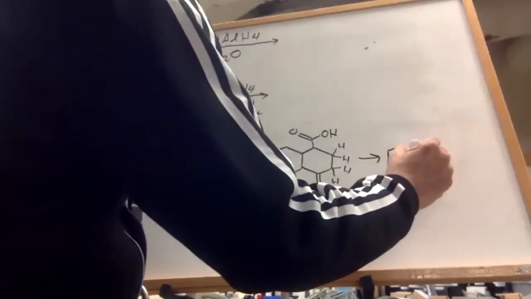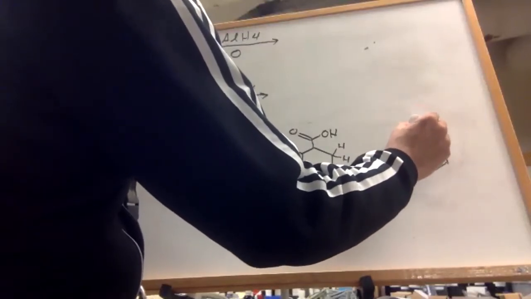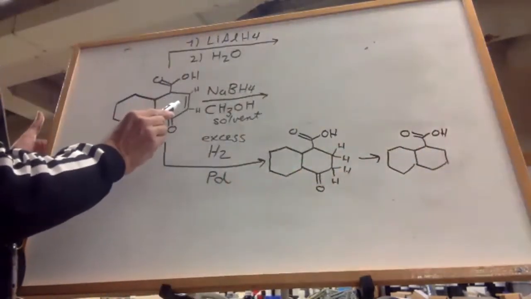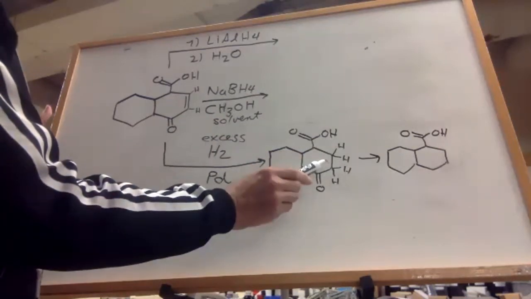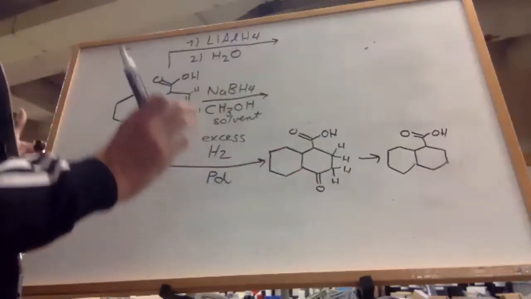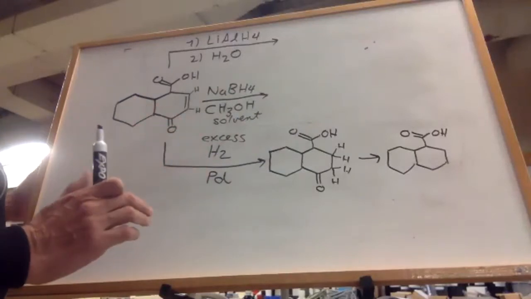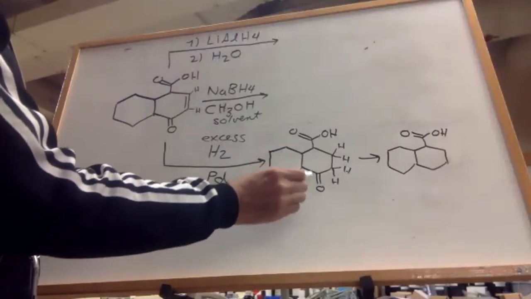All right, so we will get carboxylic acid up here. And now just like this carbon-carbon double bond was taken down to a carbon-carbon single bond with hydrogen added across where the carbon-carbon double bond used to be, very same thing is going to happen down here with the ketone.